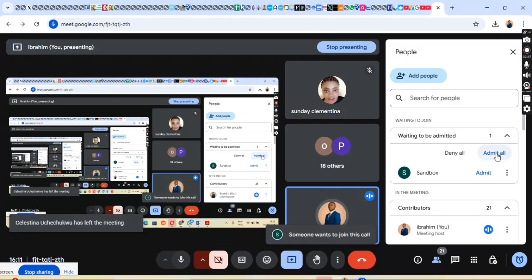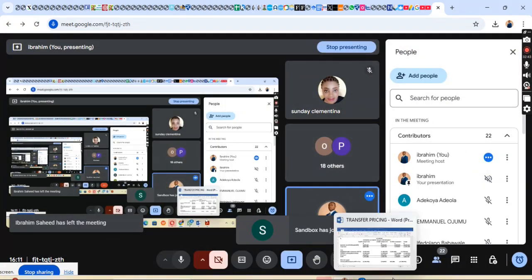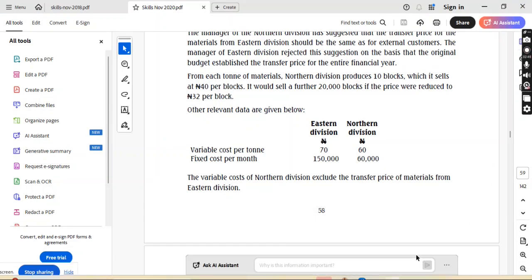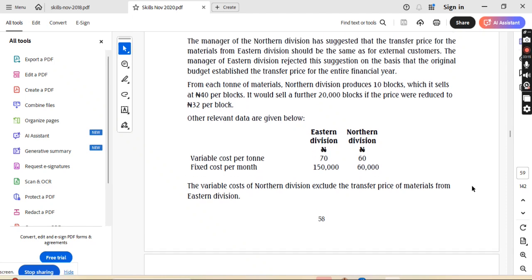Don't give yourself unnecessary headache by checking the number of months in a year and multiplying by 12. It is a fixed cost per month. The variable cost of Northern Division excludes the transfer price of material from Eastern Division. We know the variable cost excludes the transfer price.